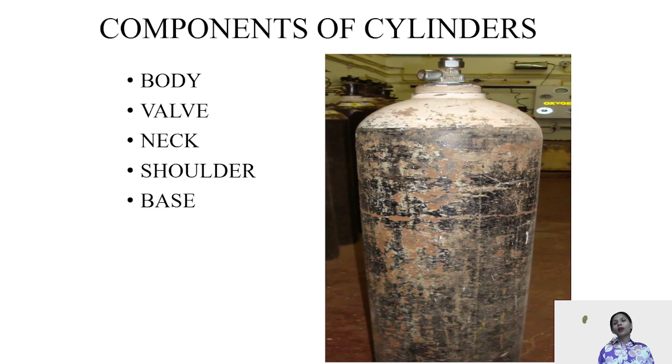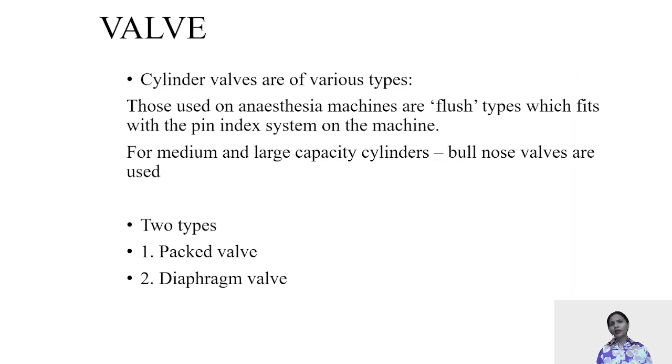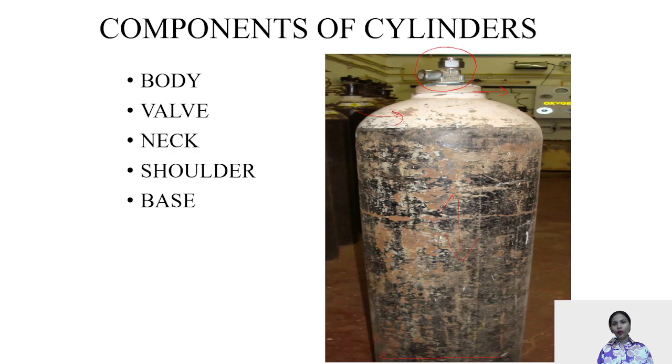Now talking about the cylinder per se, each cylinder has various parts. It has a base on which it stands. It has a body, shoulders, neck and valve. These are the main components of a cylinder. Coming one by one to the most important parts which were asked, one is your valve. This is the valve of the cylinder.